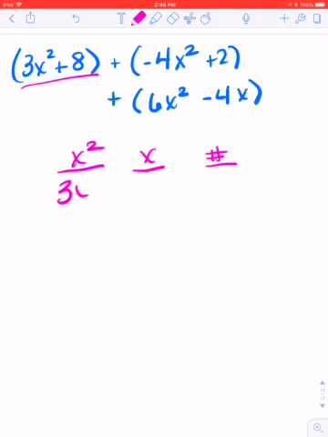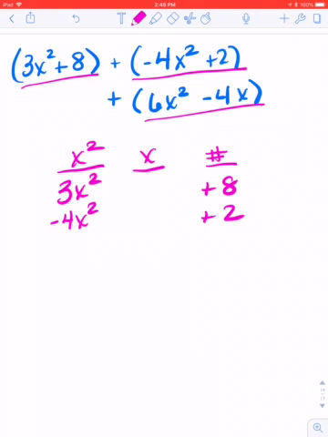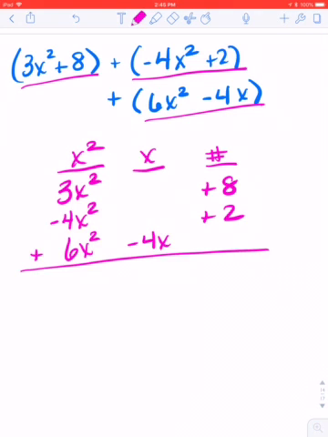So I have 3x squared plus 8. Then here, negative 4x squared plus 2. And then here, 6x squared minus 4x. And then I'm just going to total my things up for my columns.